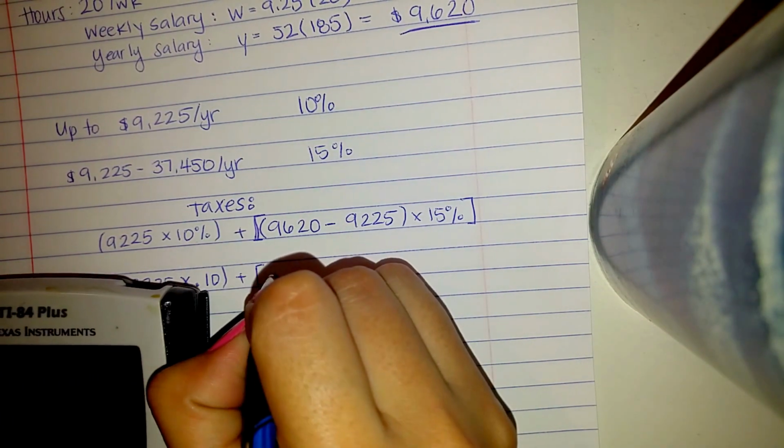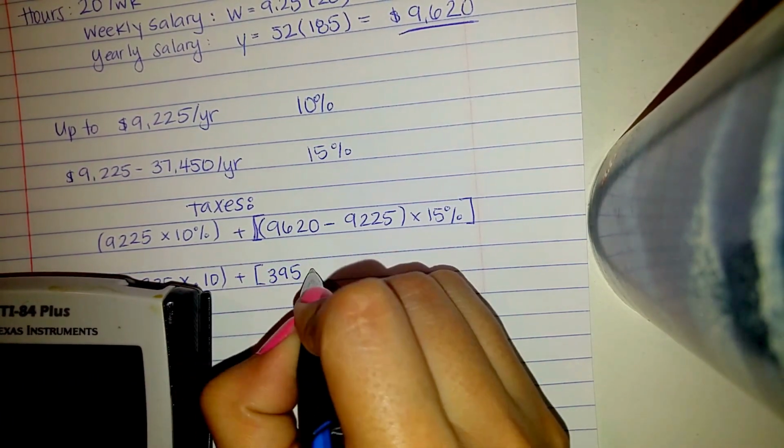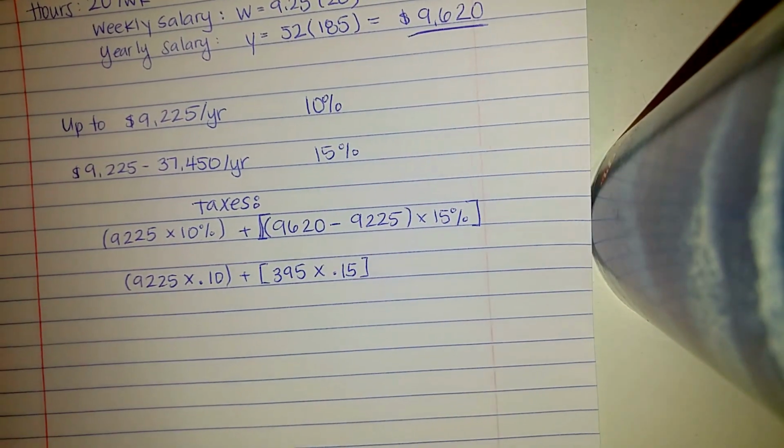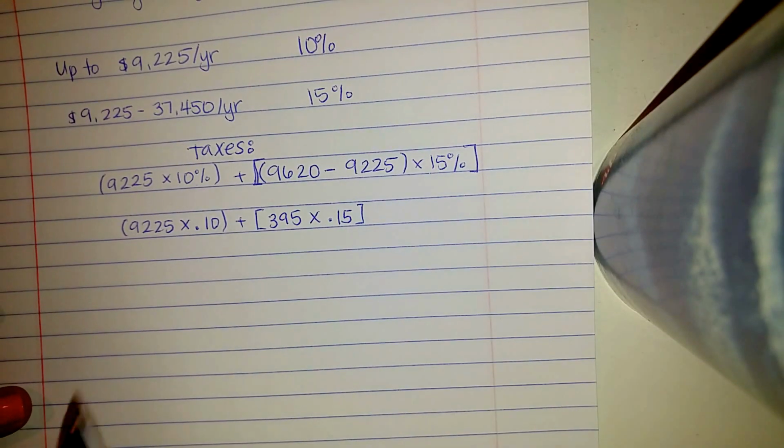Okay, I get 395, which is going to be taxed at 15%.